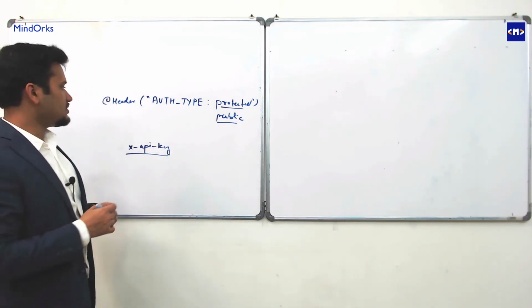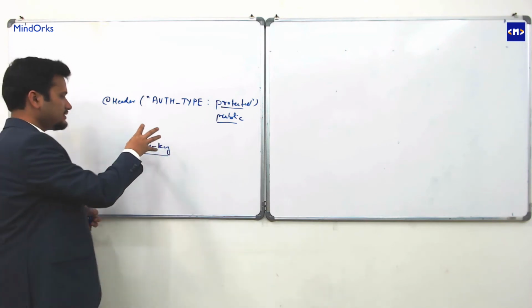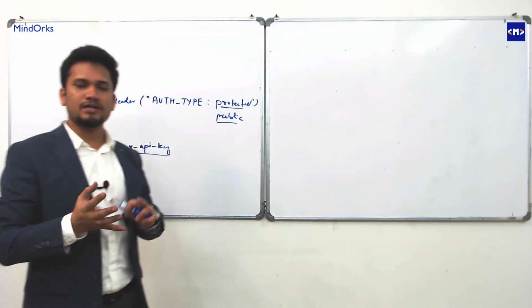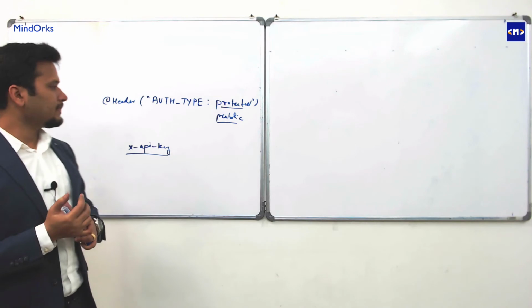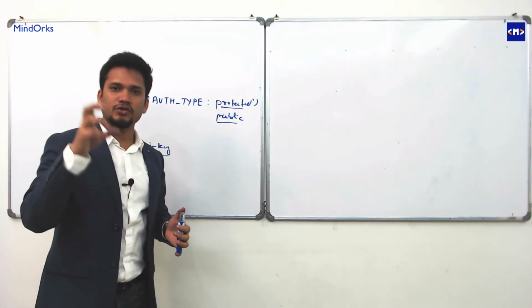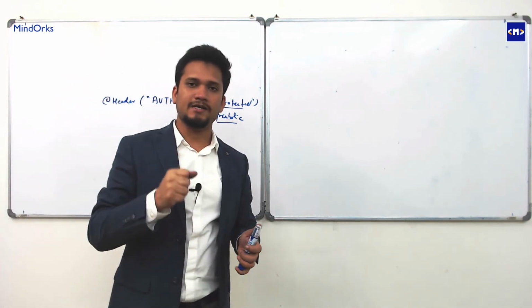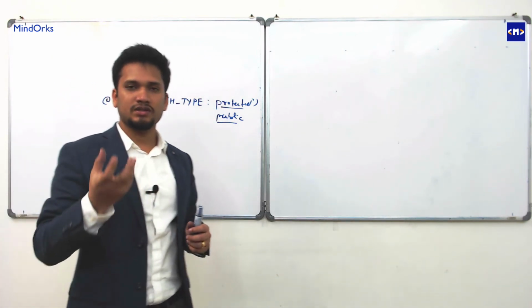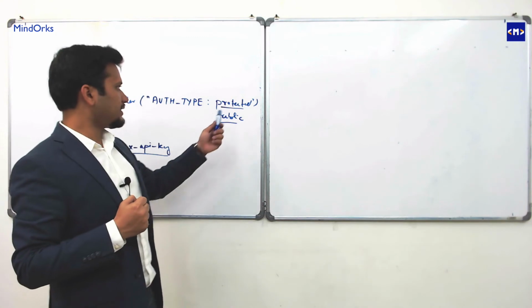Public APIs are for everyone who has this API key, for example, login and sign up. But some APIs are protected. For example, only the logged in user can access those APIs, such as create post and get post list. These are protected APIs.